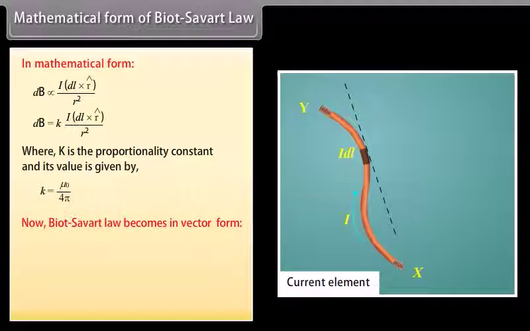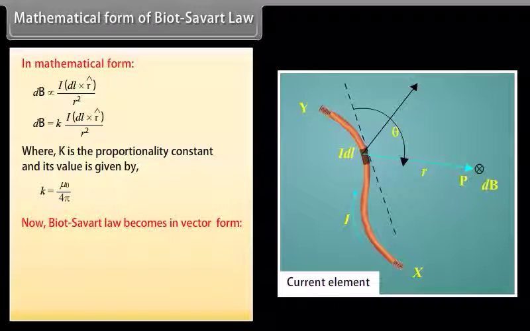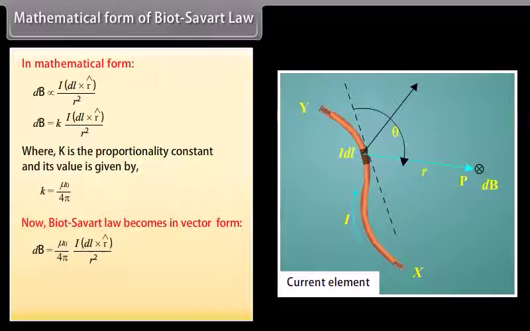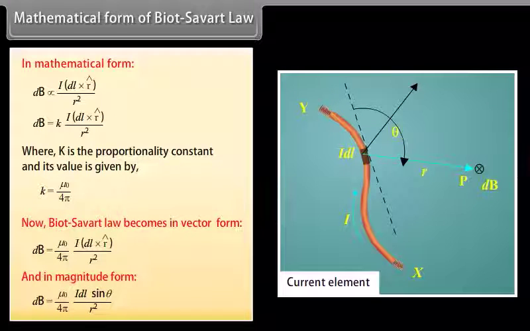Now Biot-Savart law in vector form is given by dB is equal to mu naught upon 4 pi multiplied by I and cross product of dl and r cap divided by r square. And in magnitude form, dB is equal to mu naught upon 4 pi multiplied by I dl sine theta divided by r square.